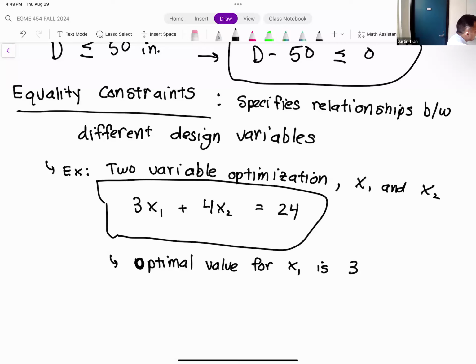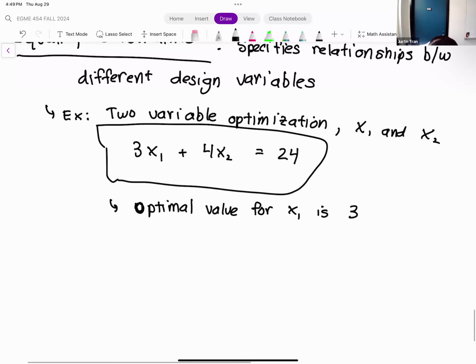If the optimal value for x1 is 3, and this equality constraint has to be satisfied, that tells us automatically what the value for x2 is, right? To solve this equation, we have 3 times 3 plus 4x2. What I'm doing here is using this constraint to find the value for x2 given the value for x1.